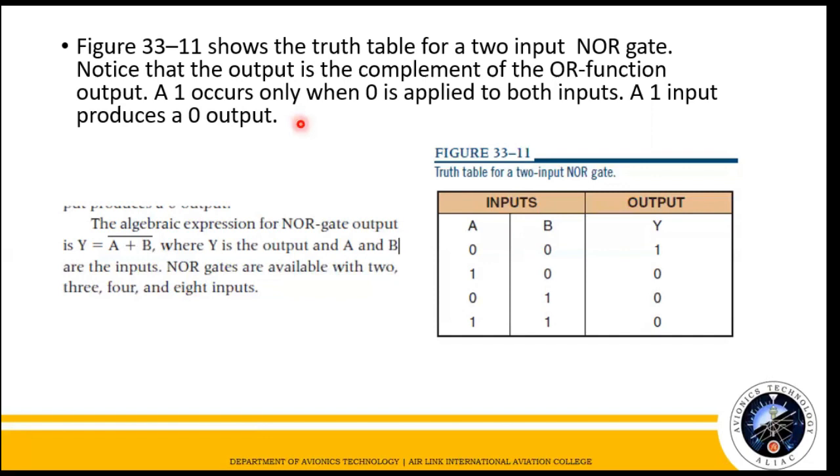So, lumalabas dito pag meron ka daw input na 1 or high, magpuproduce siya ng output na 0. So, only yung output mo ay 1 pag 0 yung applied mo sa both inputs. So, ganun yung nangyari kay NOR gate.